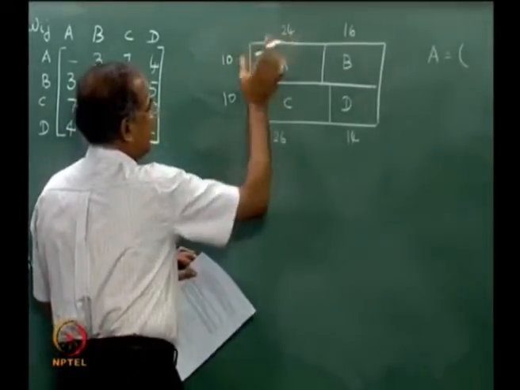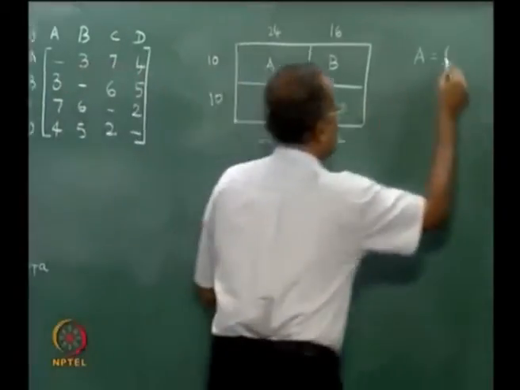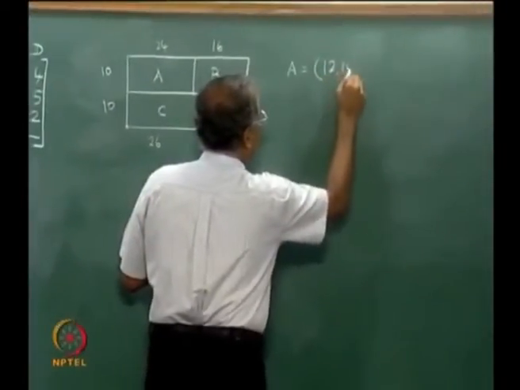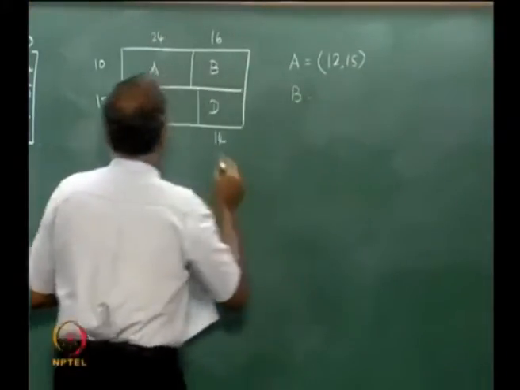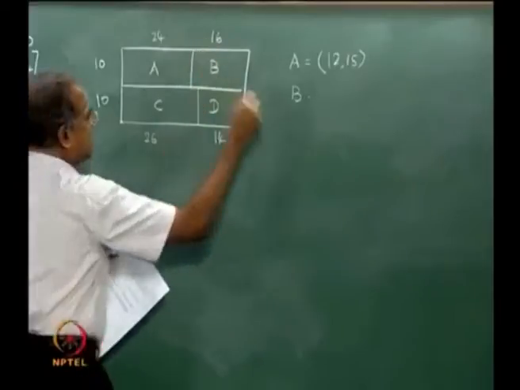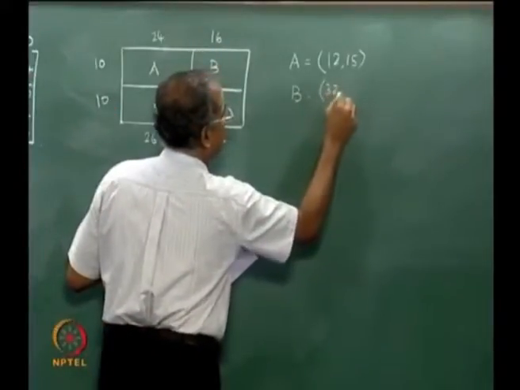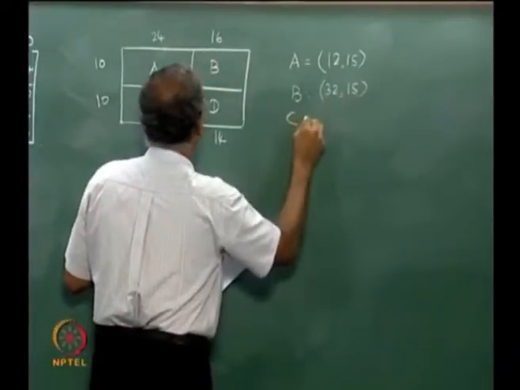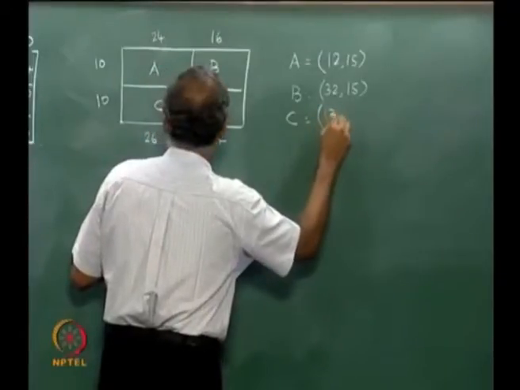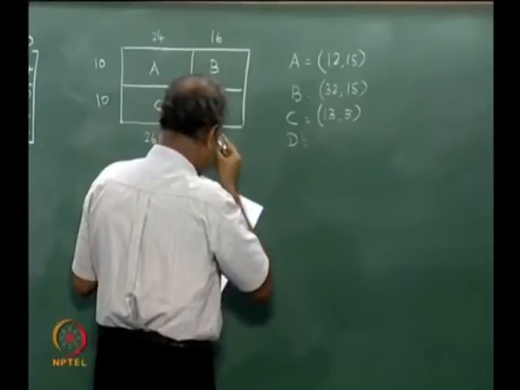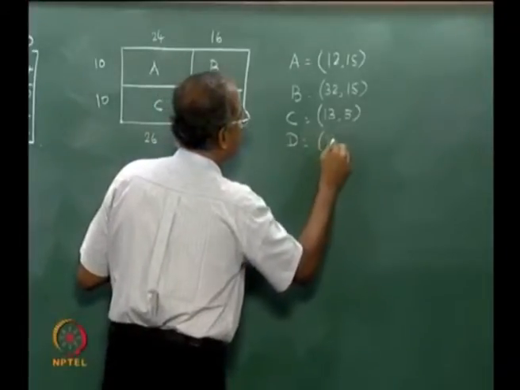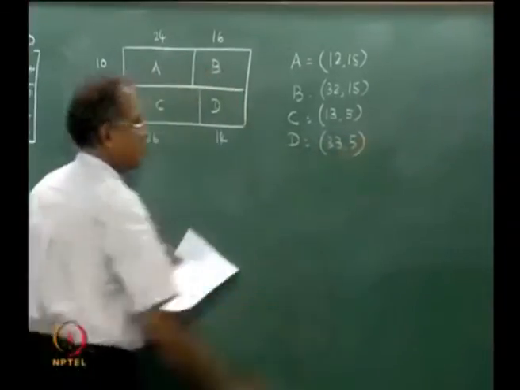So, this distance is 12, this is 10 plus 5. So, for A it is 12, 15, for B it will be 24 plus 8, 32, 15. For C it will be 13, 5 and for D it will be 33, 5.